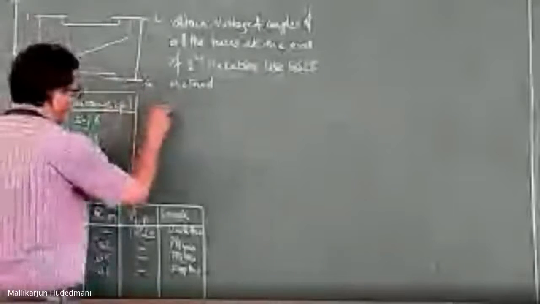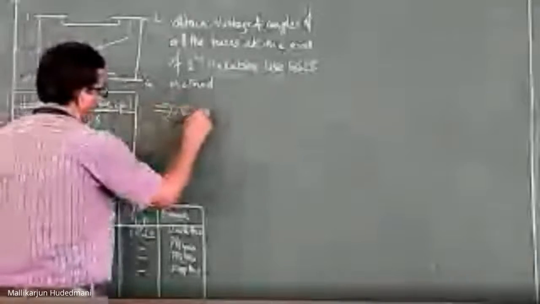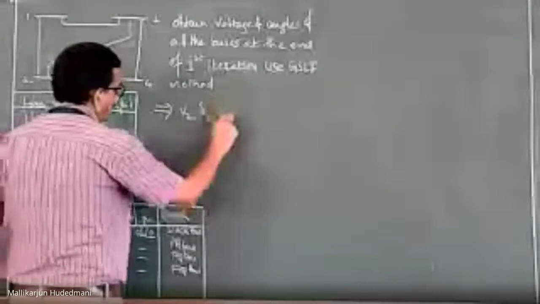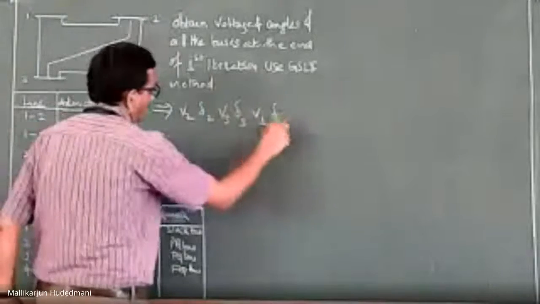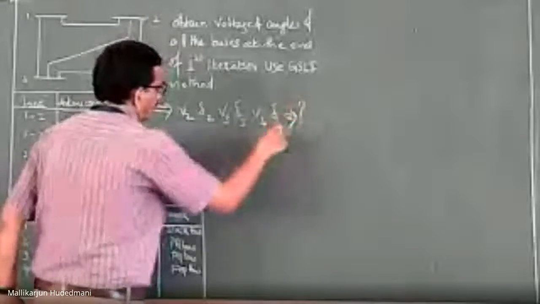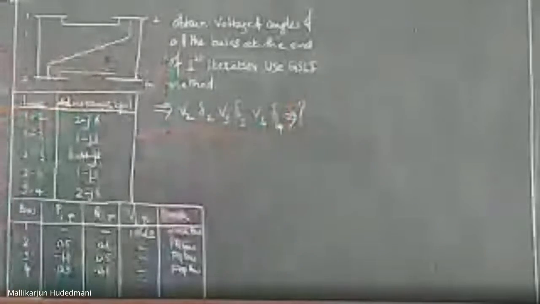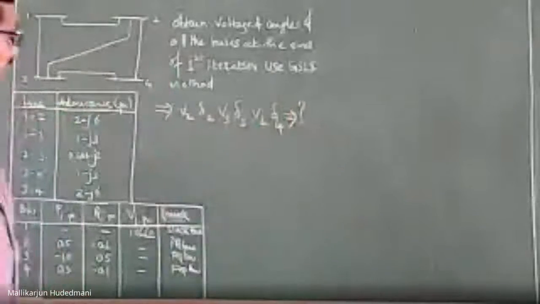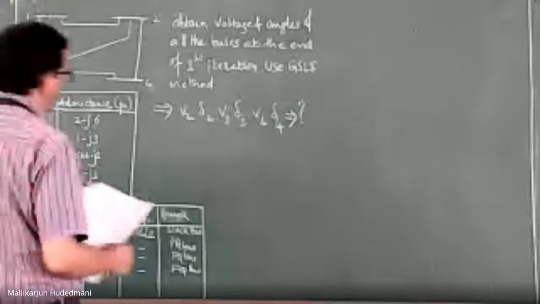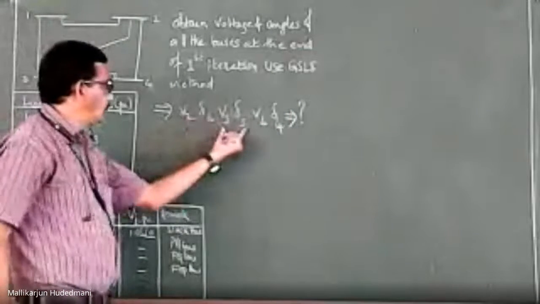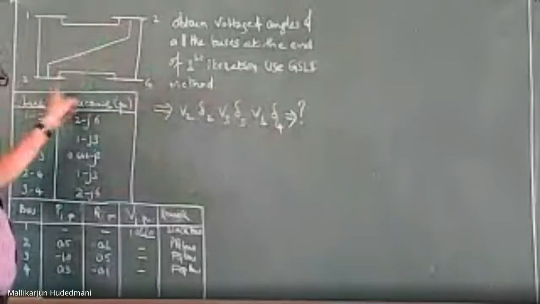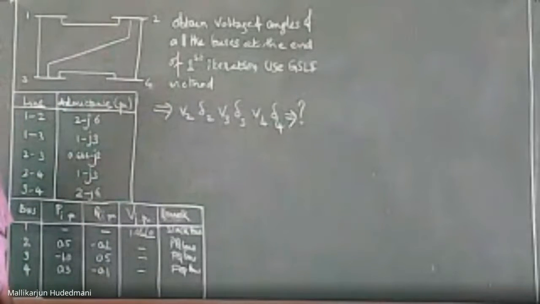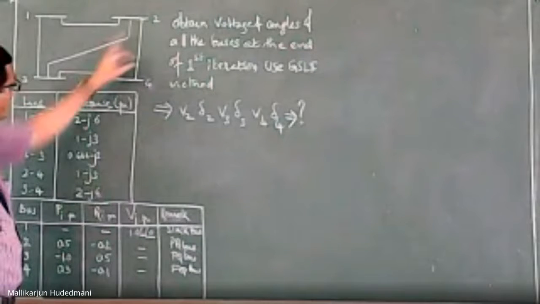This means V2 delta 2, V3 delta 3, V4 delta 4 are your question. You have to calculate all these quantities. So it means 6 quantities, pertaining to bus 2, bus 3, bus 4. So therefore, how to work it out? Now we should check. It is a load bus, load bus, load bus.